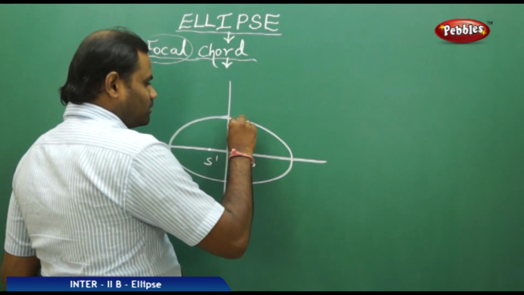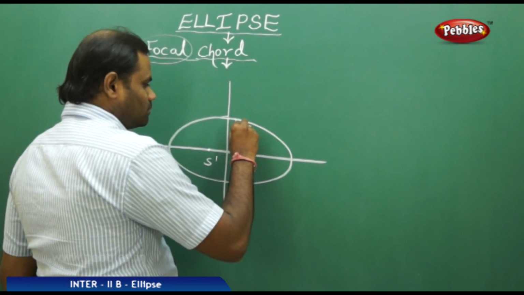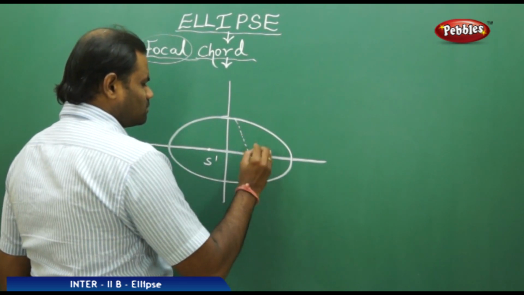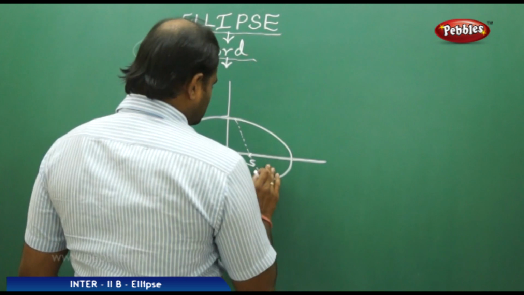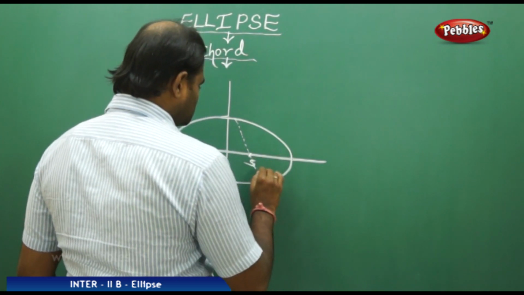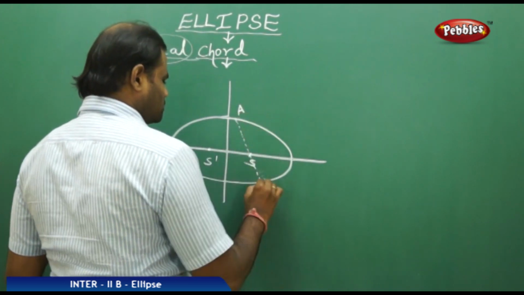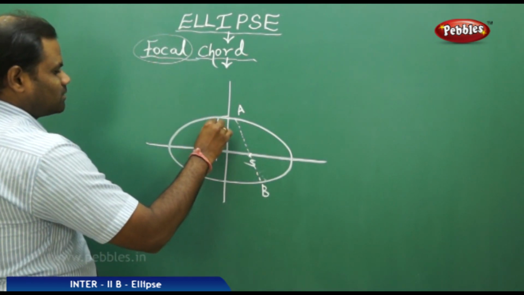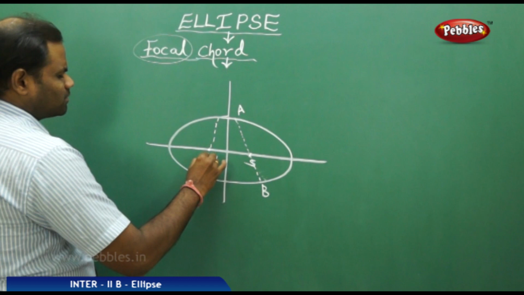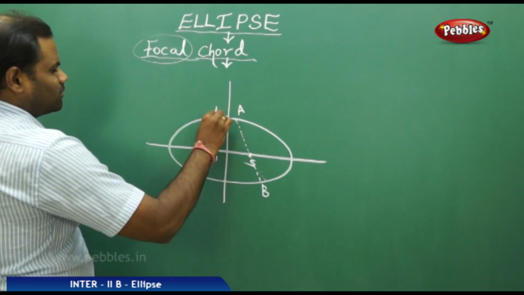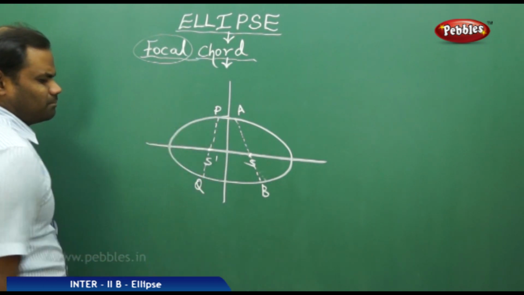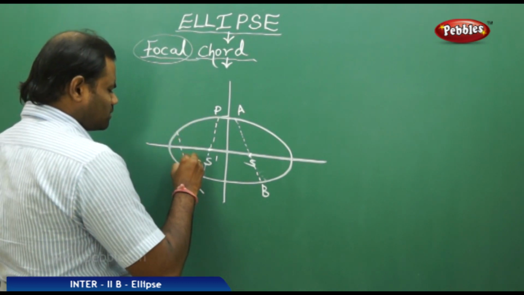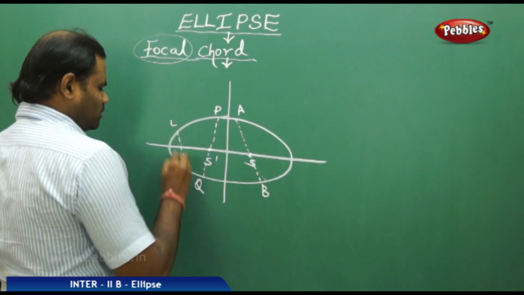So for example, if I have a line segment which is passing through this, and there's another line segment which is passing through this, say this one, and there's another line segment which is not passing through the focus.